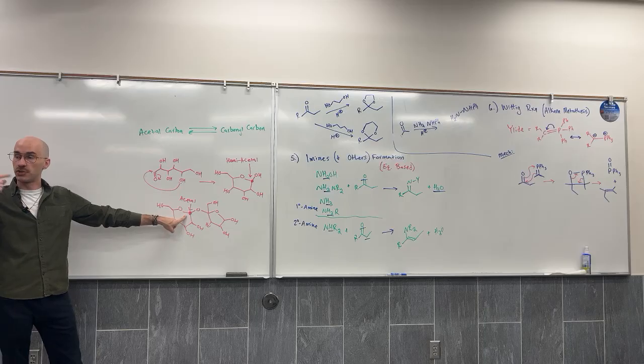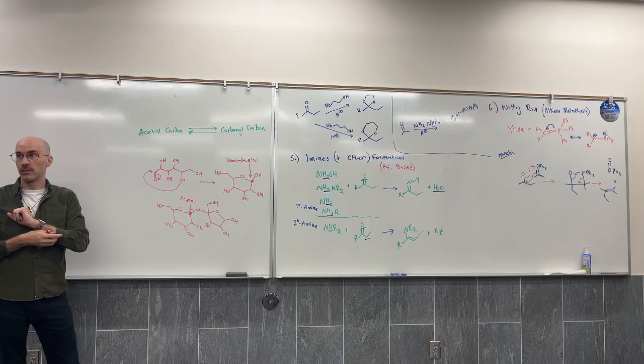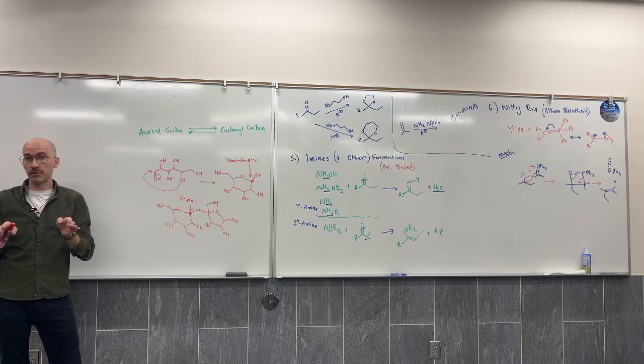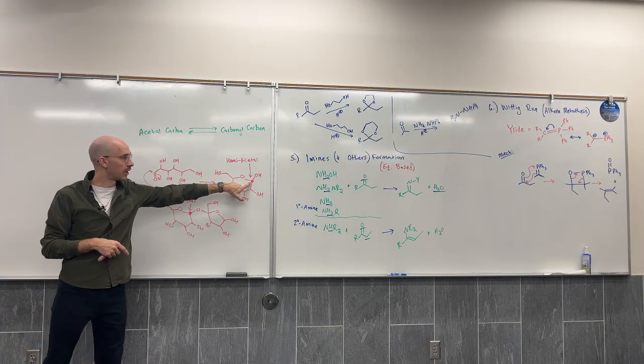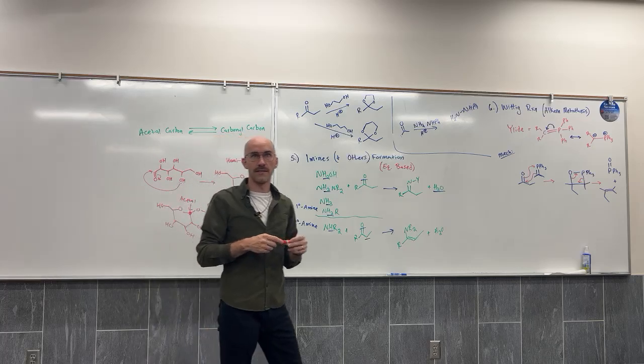It's bonded to two ether groups. If you find the acetal carbon, you have found the carbonyl carbon. It has the same number of bonds to oxygen, 2 bonds to oxygen, 2 bonds to oxygen. They're just arranged differently now.